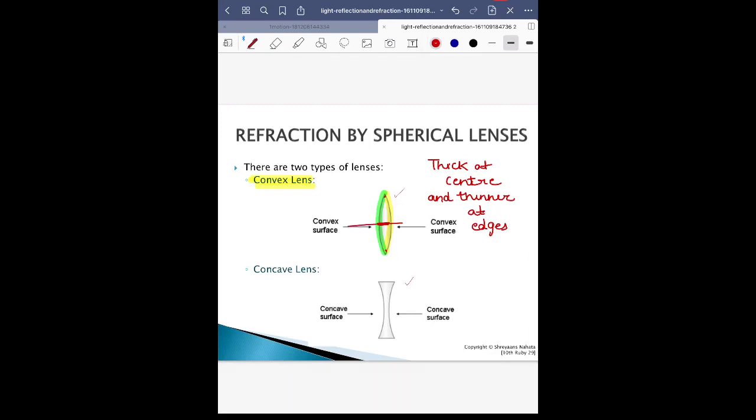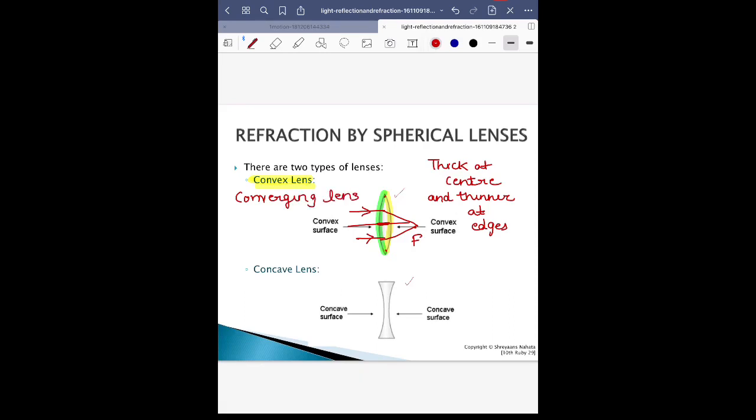Suppose this is the principal axis and you're taking the rays which are parallel, they are collected to a point. Which point would that be? That is the focus. Okay, so all the parallel rays are collected at one point called the focus. That is why a convex lens is also called a converging lens.